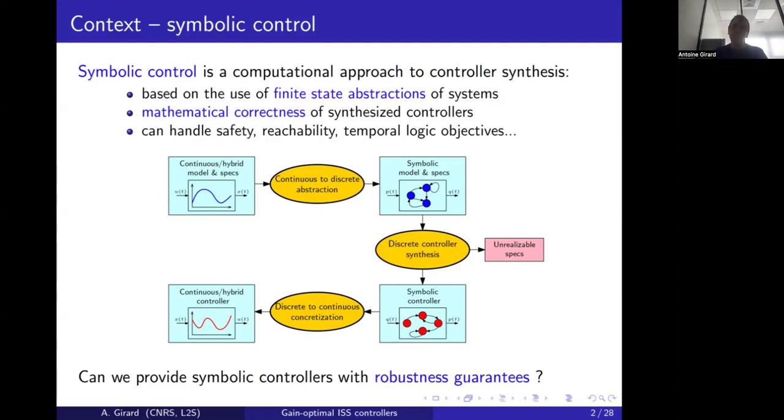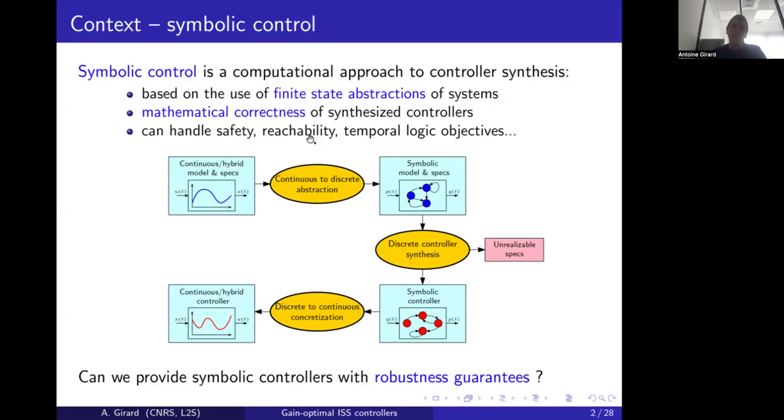And I wanted to know if we could give a bit more than just robustness guarantees with bounded disturbance. Could we, for instance, guarantee that the deviation of the behavior of the system with respect to the nominal behavior degrades gracefully with the amplitude of the disturbance, in the ISS sense in some way? So this was the context and the motivation for this work.